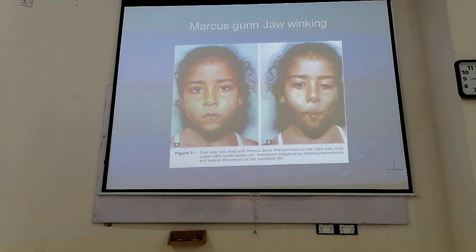Marcus Gunn jaw winking is a phenomenon which is congenitally present. As you can see in the right picture, the child is okay. And in the left picture, when she is eating something, her upper eyelid is ptotic. So when the child chews or eats something, the upper eyelid keeps winking, sometimes opening, then closing. It looks very bad.